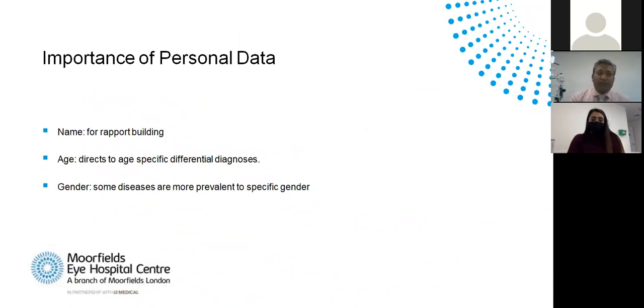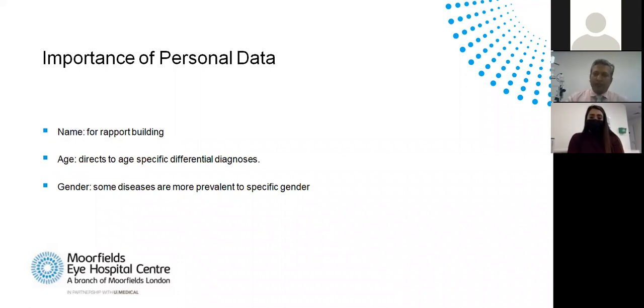Now, why is personal data important? First of all, the name itself helps in rapport building. If I am the patient, I'll feel more comfortable if the clinician addresses me by my name, and that helps to connect immediately. There are also conditions related to age, or age-specific diagnosis or differential diagnosis, so age is an important component.